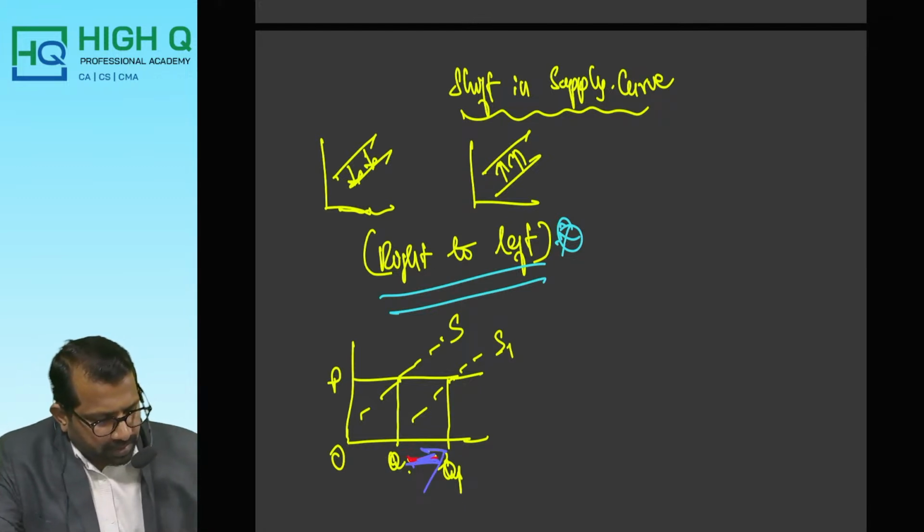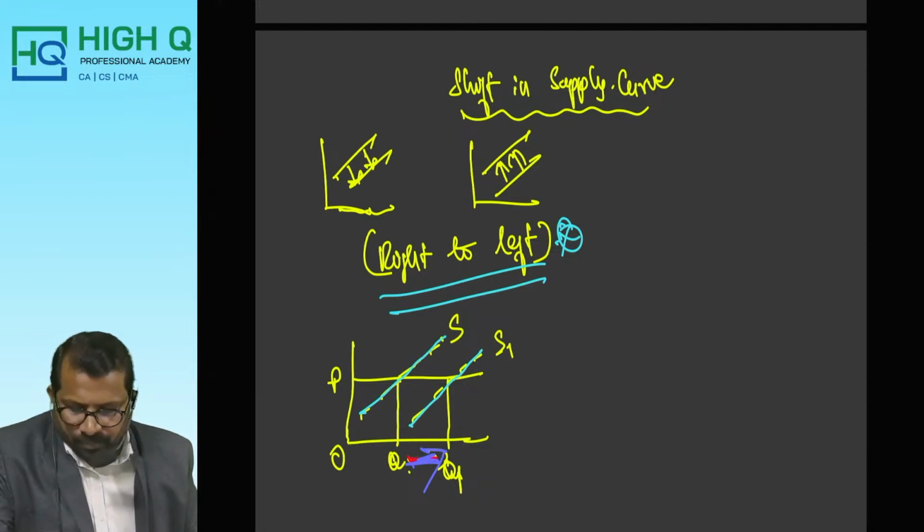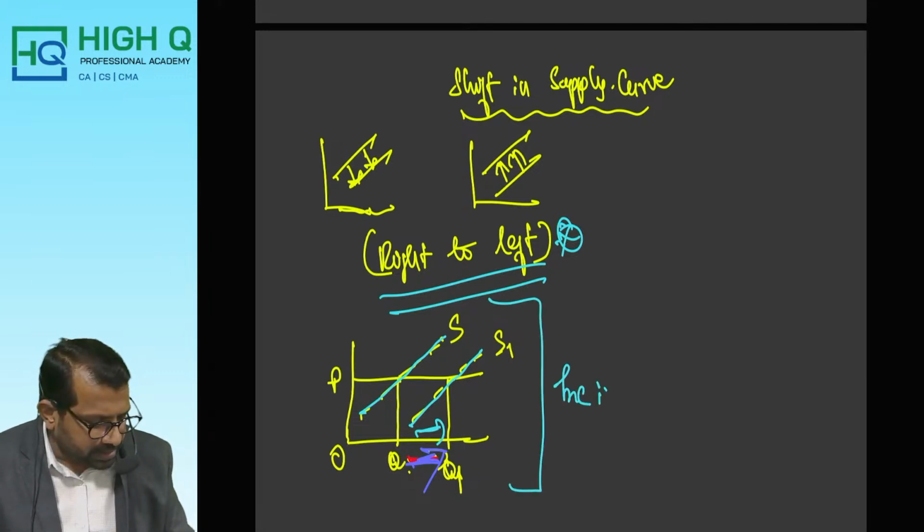It started to increase. So this portion, this arrow mark, shows an increase in supply.